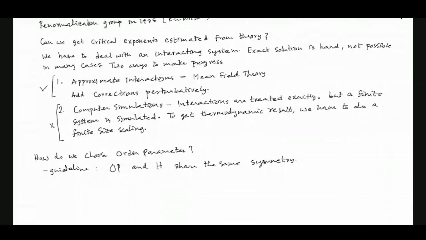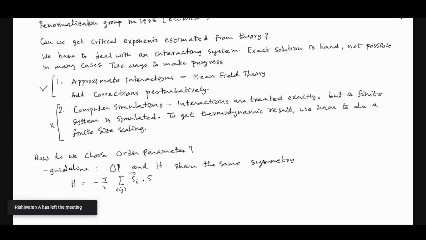Now, why is this important? This is an important concept, so let's try to understand it. For example, take the Hamiltonian of a magnetic system that we have talked about: H equals minus J over 2 sum over ij of Si dot Sj.